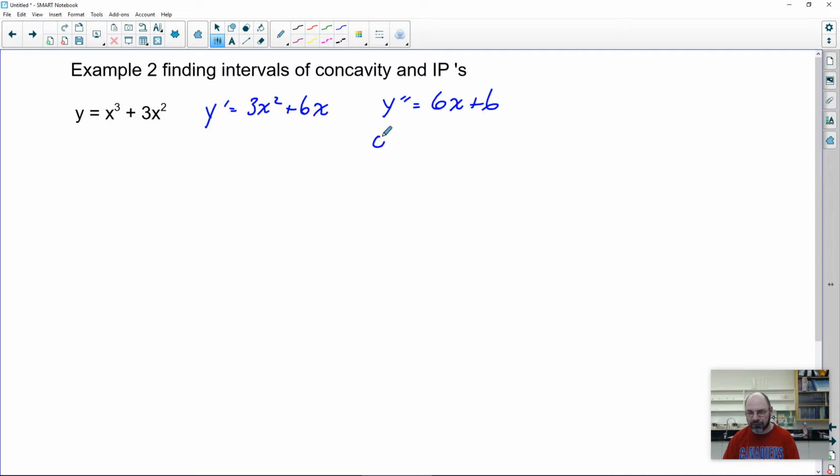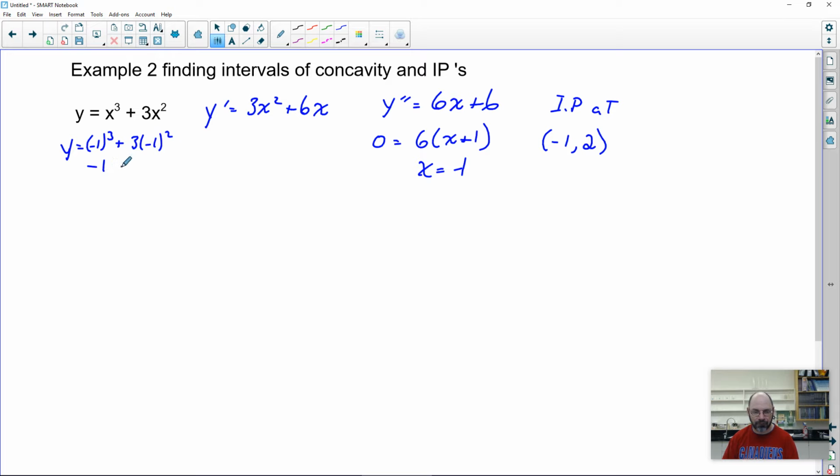And we figured out that if you set this to 0, we got an IP at -1 and 2. We figured that out because when we plugged in -1 here, we got -1 plus 3, which is equal to 2.